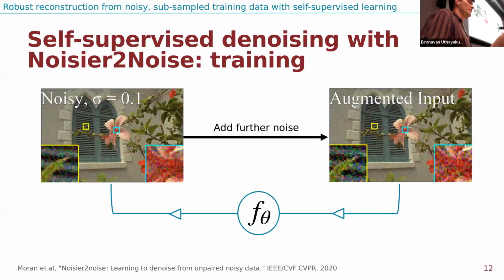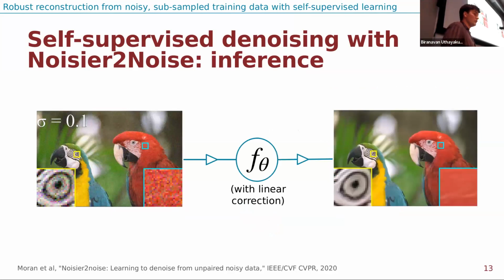This has the benefit over noise to noise that we don't need paired images. We only need one image of each type, so we just add further noise to that image. Once we've trained our network, we take our noisy image and pass it through our network with a linear correction that I'm going to explain in a minute, and then hopefully get a nice clean image out at the end.